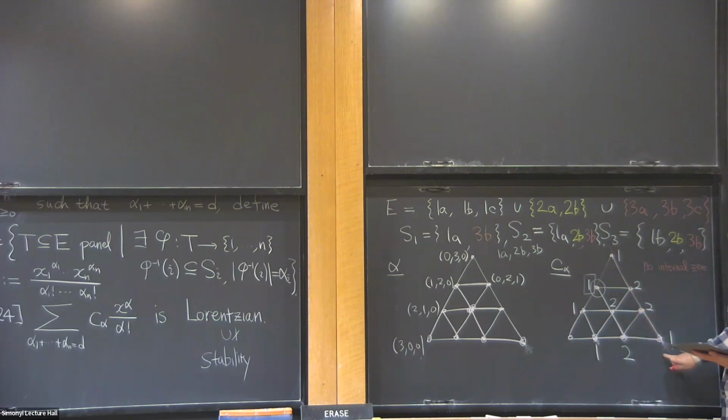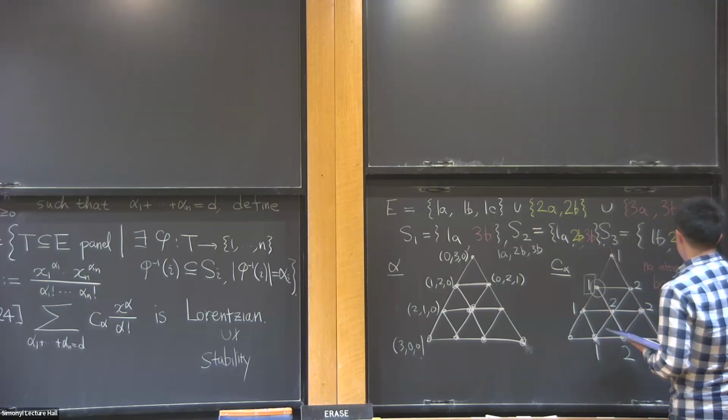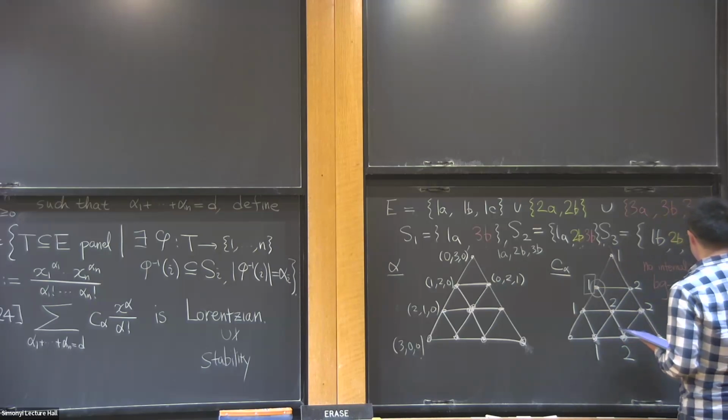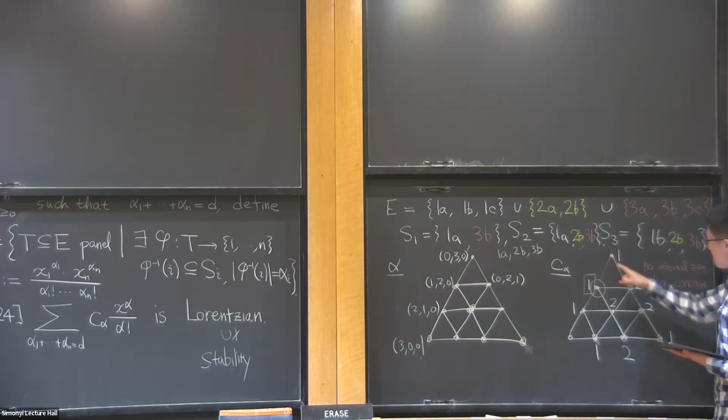Also, it's unimodal in the sense that it keeps going up and then monotonically goes down after some point. And in fact, it's log-concave. In other words, at every point, you're reading these numbers in whatever direction, if I square a term, that is bigger than the other two multiplied. So 2 squared is bigger than 2 times 1 and so forth.